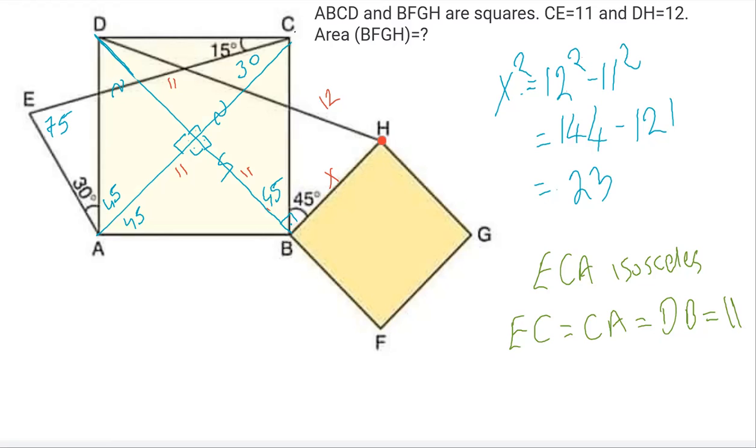So if we know what x is, x times x, or x squared, is this area. If we apply the Pythagoras theorem here, 11 squared plus x squared equals 12 squared. From here, x squared equals 12 squared minus 11 squared. When we simplify it, we get the final answer, area equals 23.